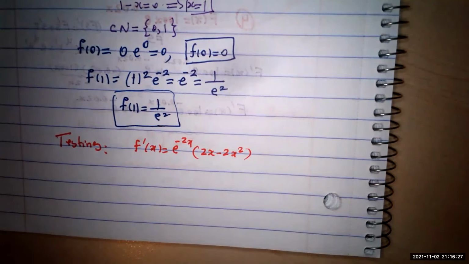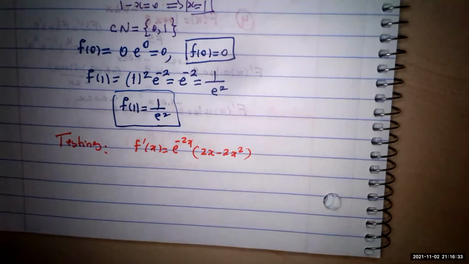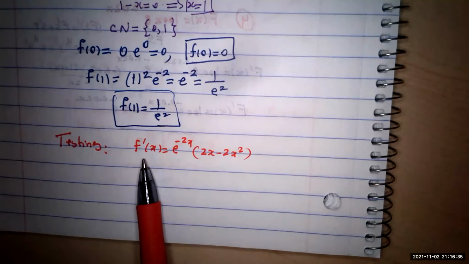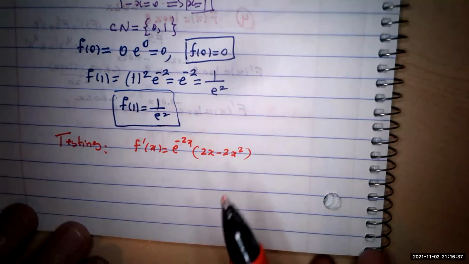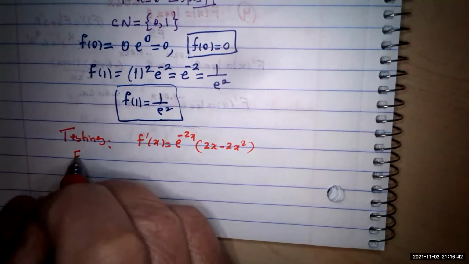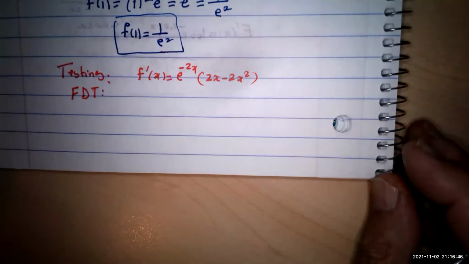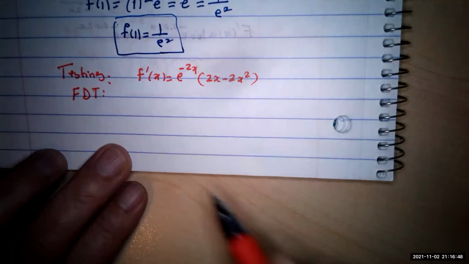I mean, it's not wrong. You can do it if you like. But I prefer the first. Remember, for the first one, you need a chart. So I go with the first derivative test, and I'm going to tell you why.